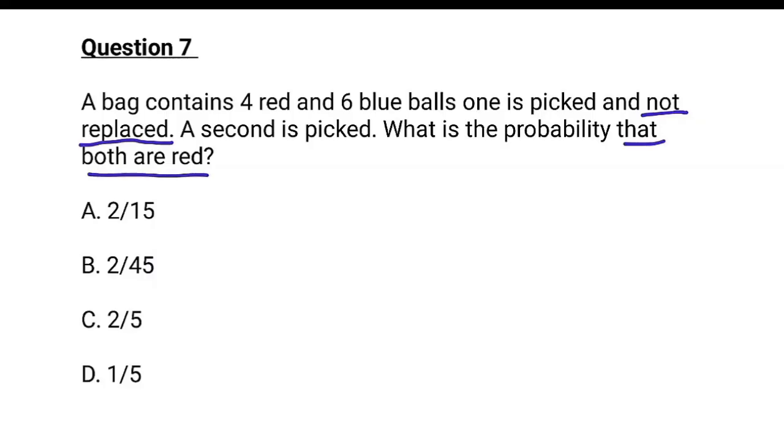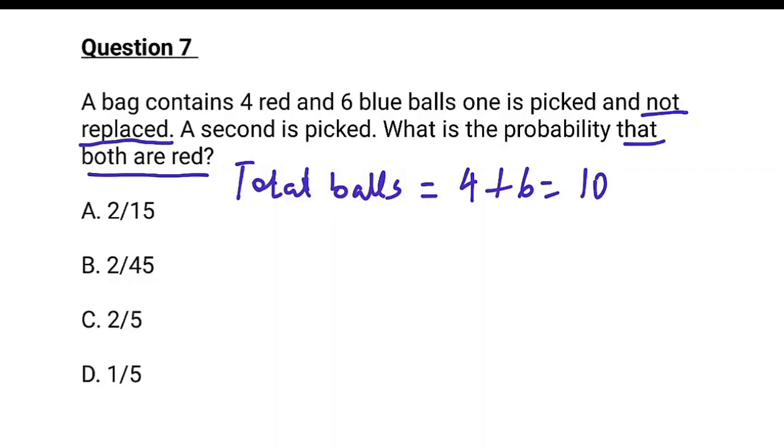So those are the things we need to know. All right, so it's very simple. What we need to do, let's first find the total balls. The total balls is going to be 4 plus 6. Then we are going to have 10 balls altogether, both red and blue.